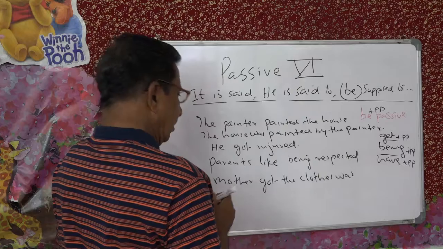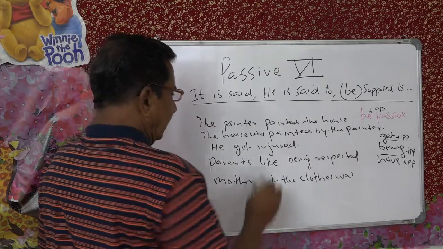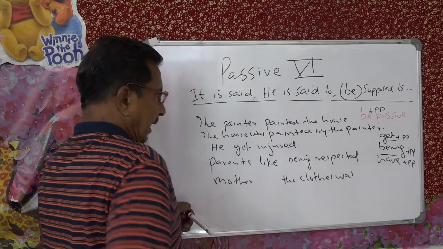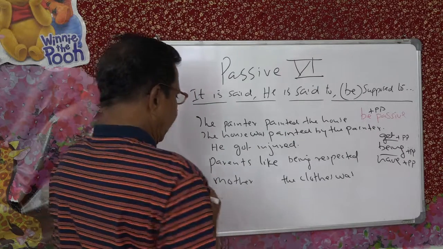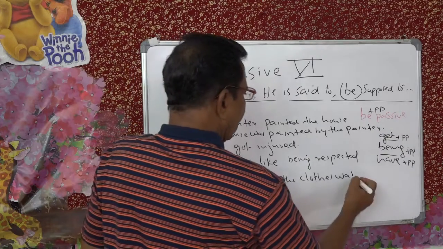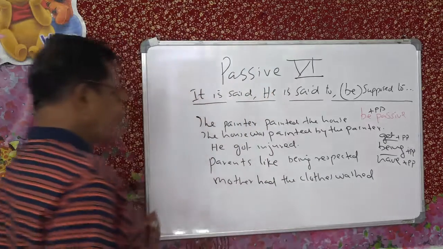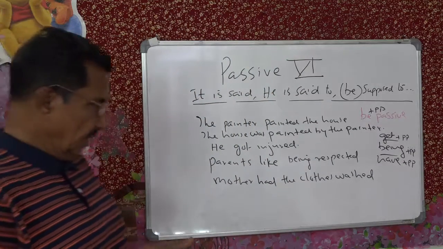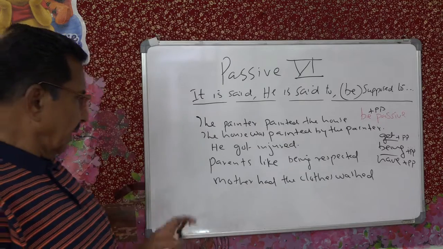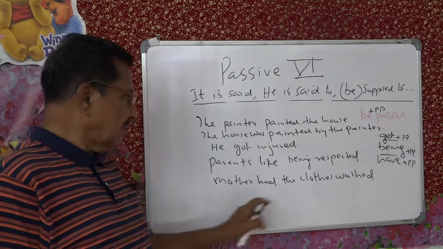You can change it to: Mother had the clothes washed. Have plus past participle. Parents had the house painted, like that.